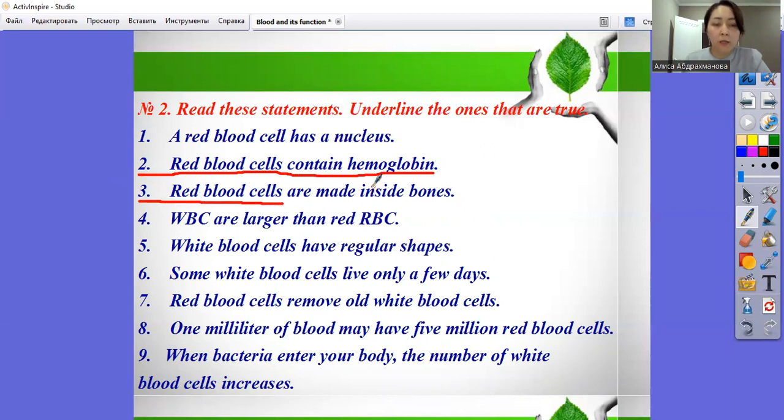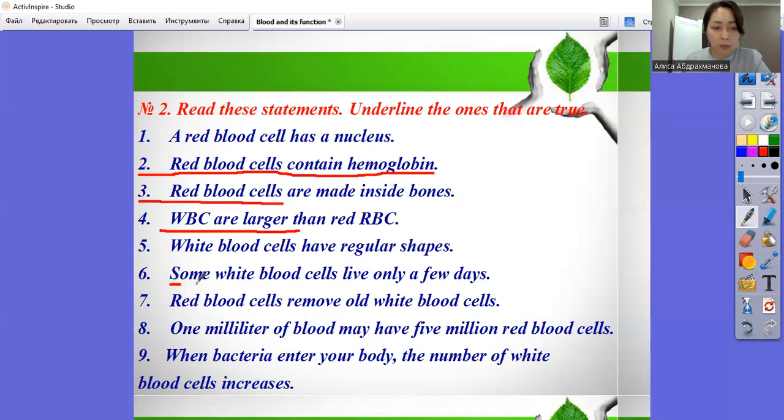Дұрыс. White blood cells are larger than red blood cells. Yeah, қызыл қан жасушалары бұлар үлкен жасушалар. White blood cells have regular shapes. Яғни ақ қан жасушаларының пішіні тұрақты дейді. Олардың пішіні тұрақты емес. Some white blood cells live only a few days.